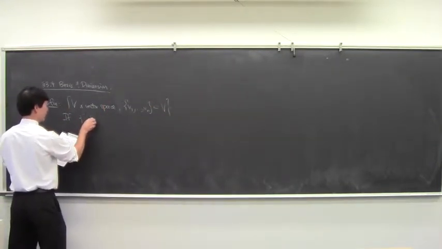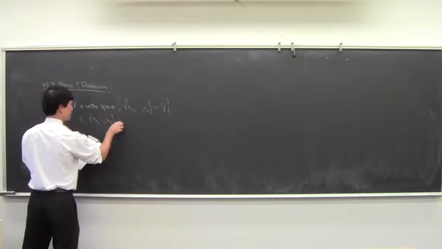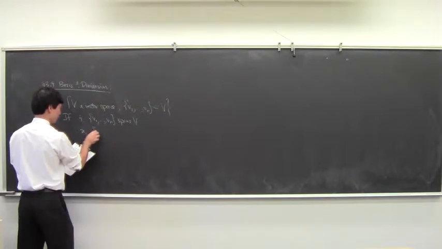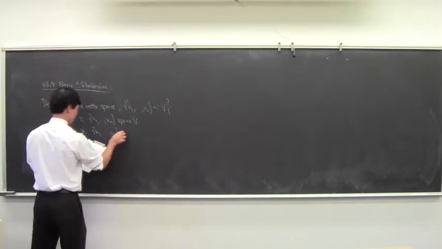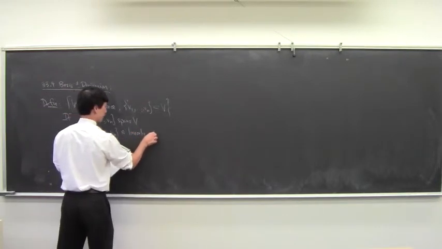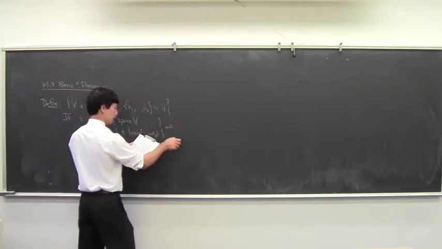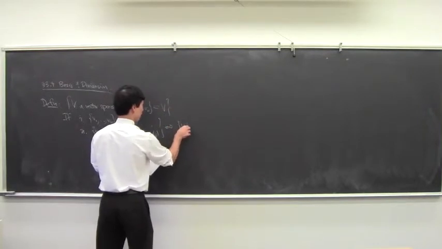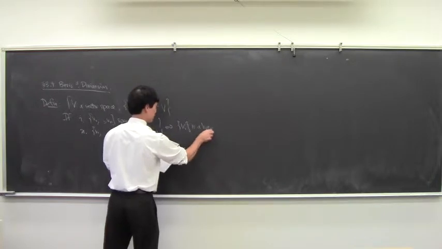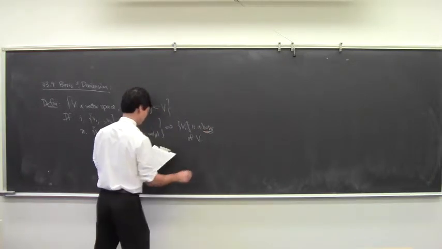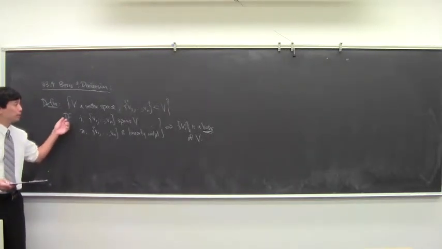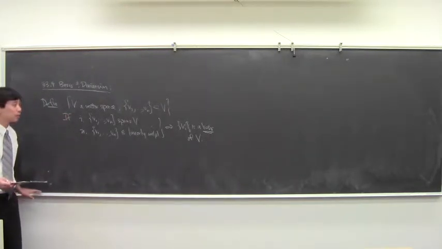If 1, V1 through Vn spans V, and 2, V1 through Vn is linearly independent, then we say these guys are a basis of V. Okay, so any set that is both linearly independent and spanning is called a basis.